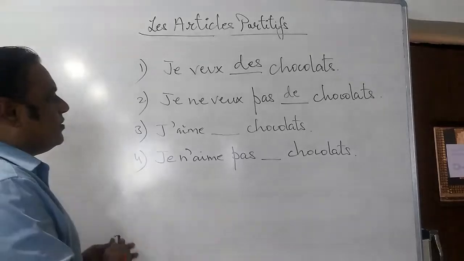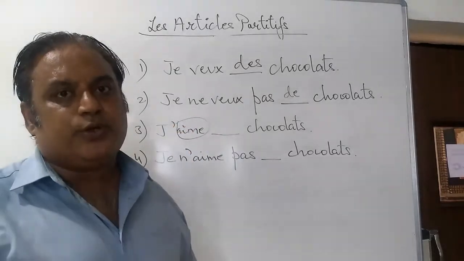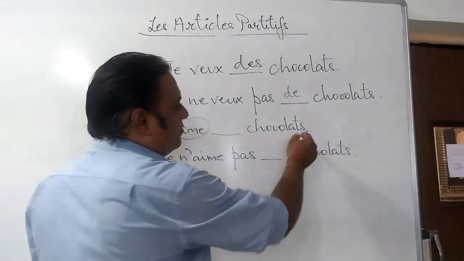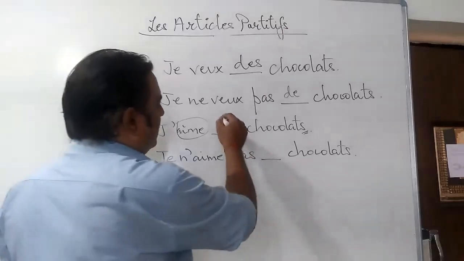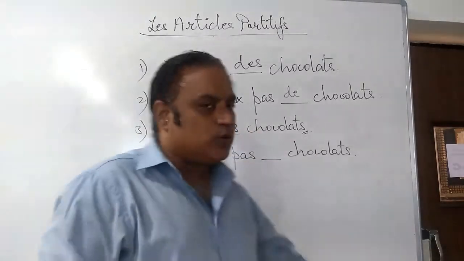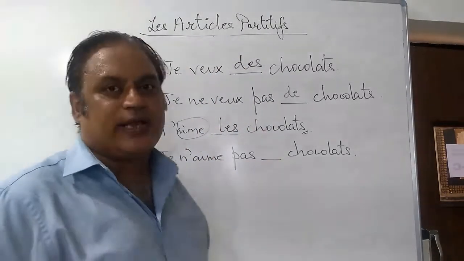So let's see the third sentence. The verb is aimer, which implies that we need to use the definite article. And since our object chocolates is plural, the definite article to be used is les. J'aime les chocolats. Now what happens when we change this sentence into negative?